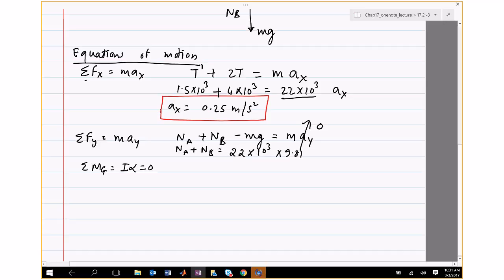I alpha is 0 because the plane is just translating, it's not rotating.